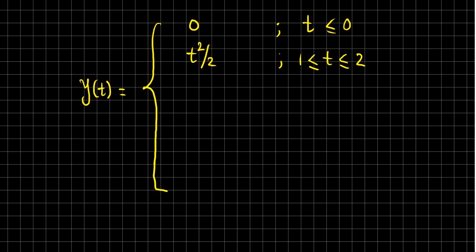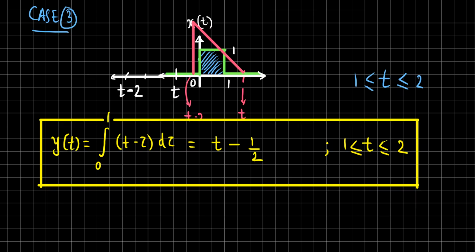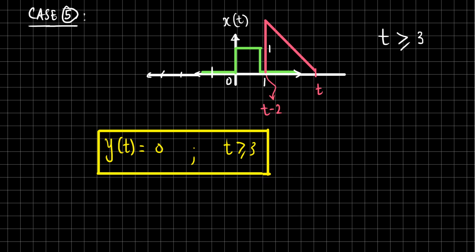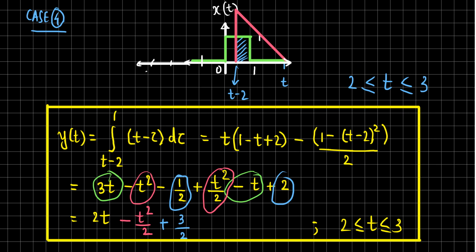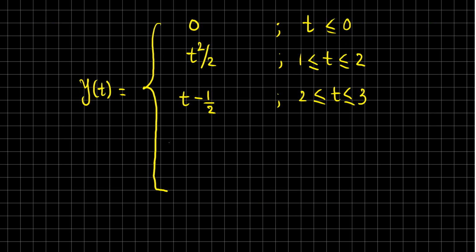We have also seen the case 3 here where the signal is t minus half. So it is going to be t minus half when t is between 2 to 3. And the case 4 here, we have seen that it is going to be 2t minus t square by 2 plus 3 by 2.